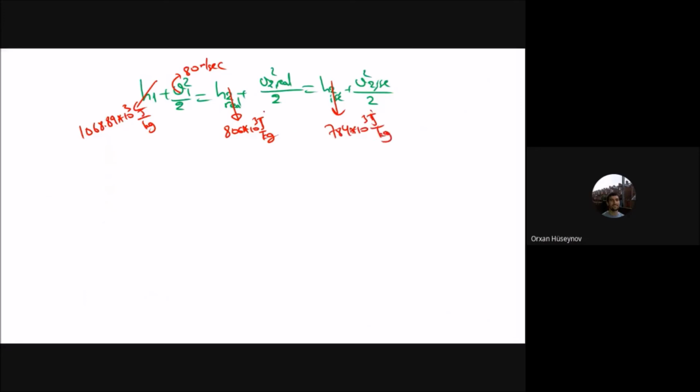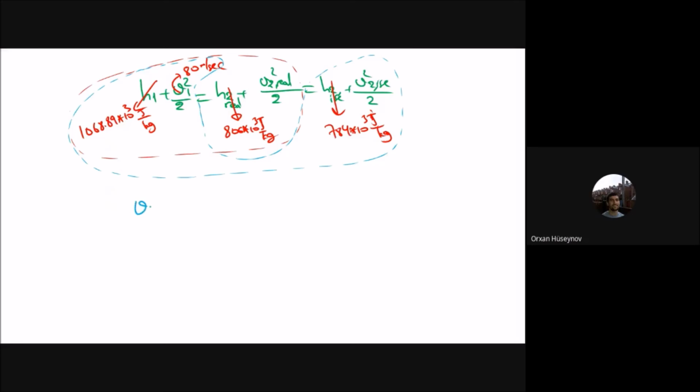You can see that I can determine V2 real by using this part of the equation, and by using these equations, I can determine V2 isentropic.